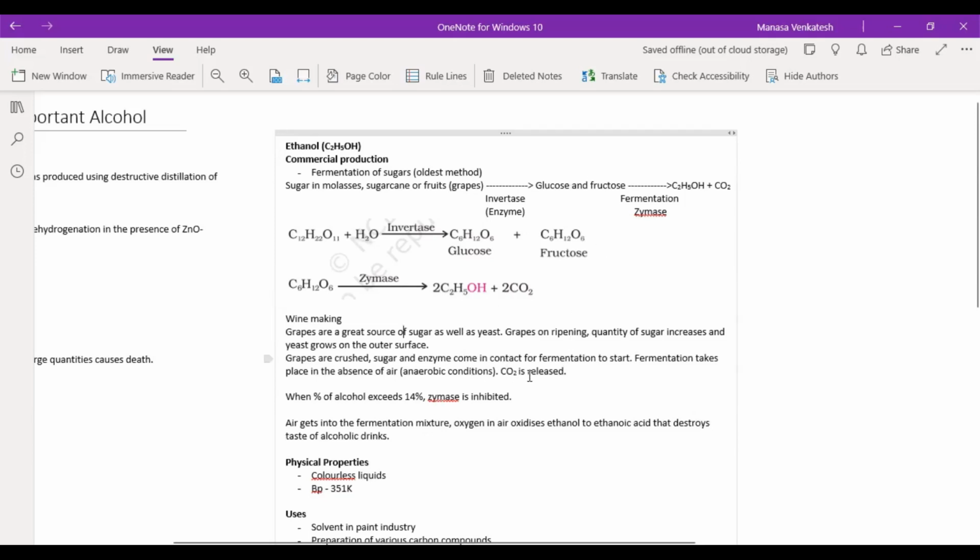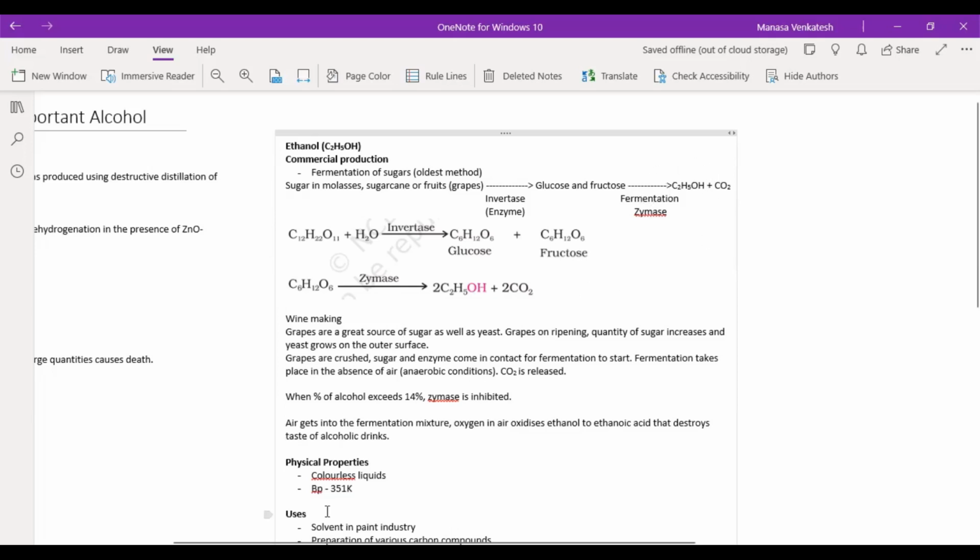If the oxygen percentage increases or it's in the presence of air, we get a mixture of ethanol and ethanoic acid, and this destroys the taste of alcohol. And one more thing, if the percentage of alcohol exceeds 14%, the enzyme zymase is inhibited and this stops the production of alcohol.